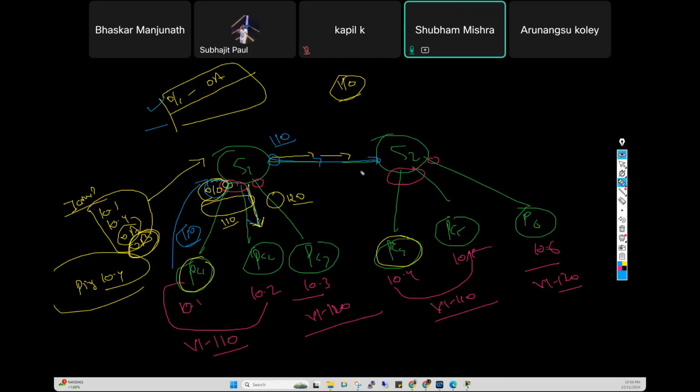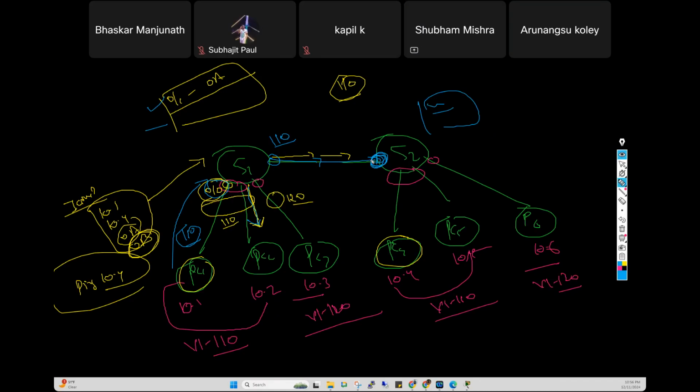Are you getting my point? Yes or no? Done. Yes. So now the switch receives this packet here. Switch number 2 again performs the learning task. After that, the switch will check what the destination MAC is. Switch number 2 will check what VLAN this interface is in.